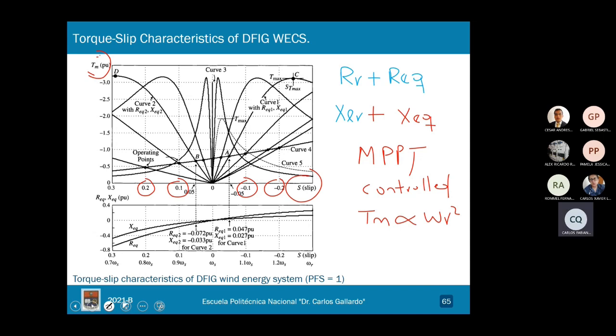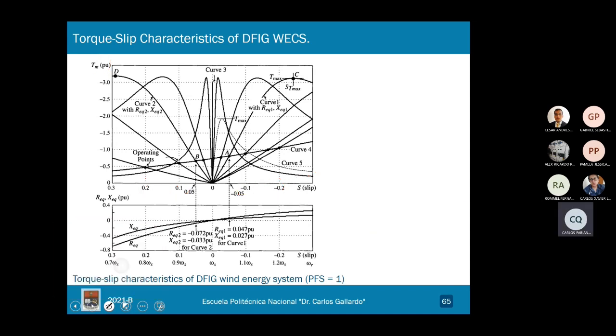Okay, so this I will plot in curve 4. Pay attention to this part. I will get 2 points of operation. This is the intersection point B, and this is the intersection point A.